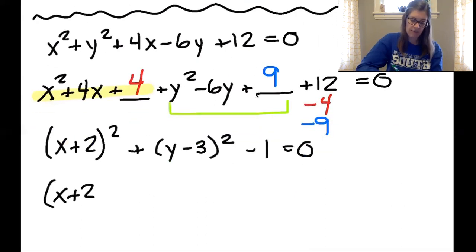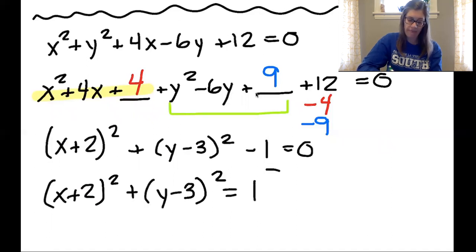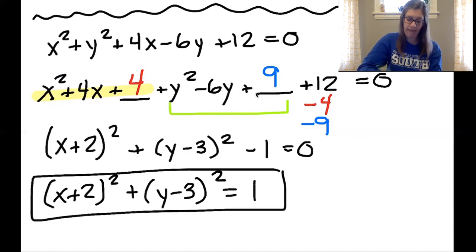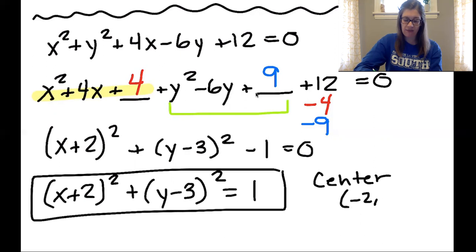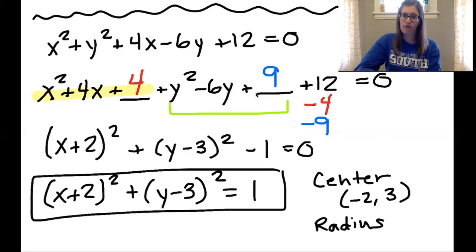So x plus 2 quantity squared plus y minus 3 quantity squared equals 1. And there's my equation of a circle. Okay, so I know that the center of this circle is at -2, 3. And the radius of this circle, since I have r squared equal to 1, the square root of 1 is 1. And that could be something that I graph.